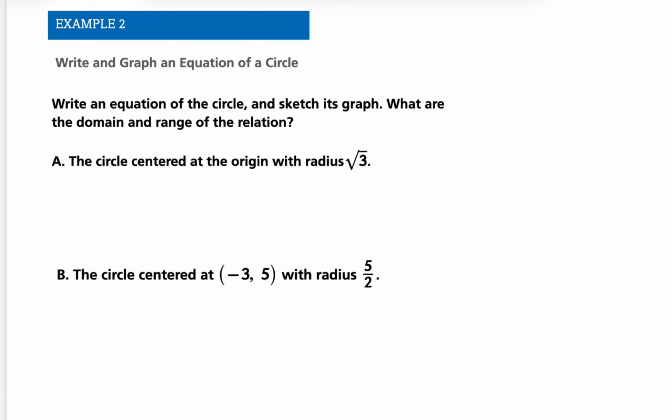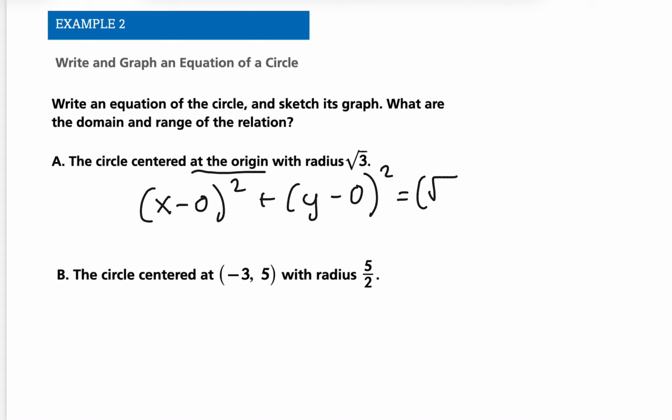So next, more examples of writing the equation. This first one is centered at the origin. So we can think of it as (x minus 0) squared plus (y minus 0) squared equals the square root of 3 squared. And we can simplify that and just write x squared plus y squared equals 3.